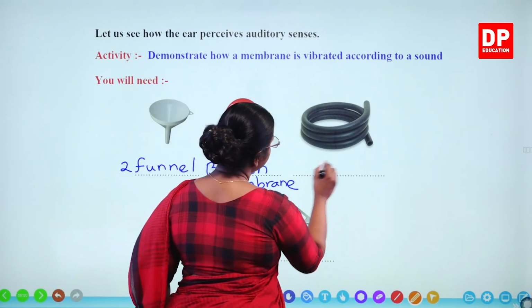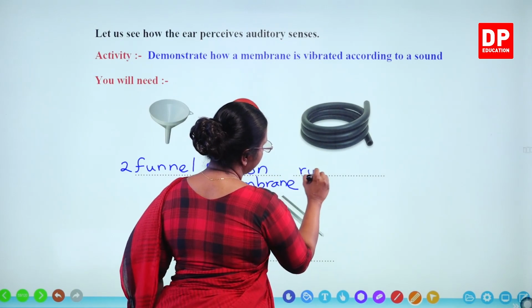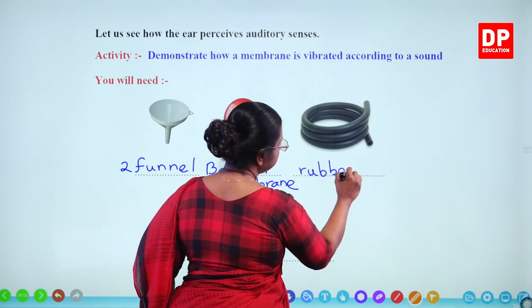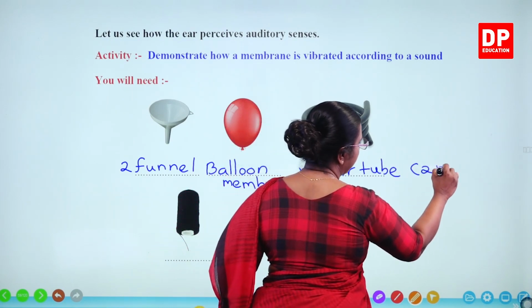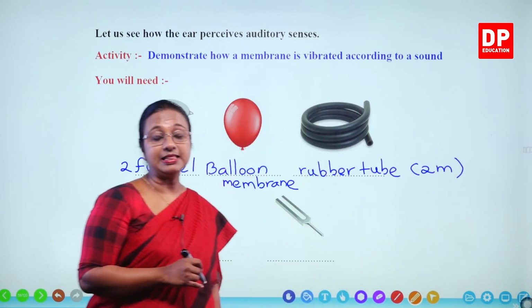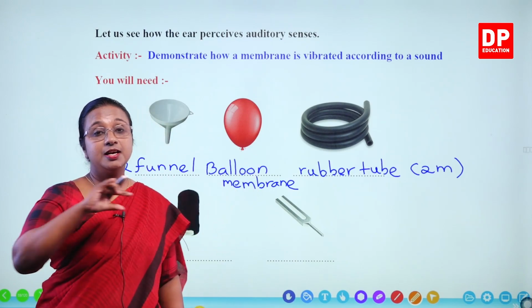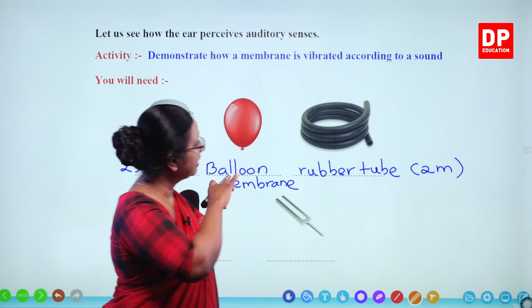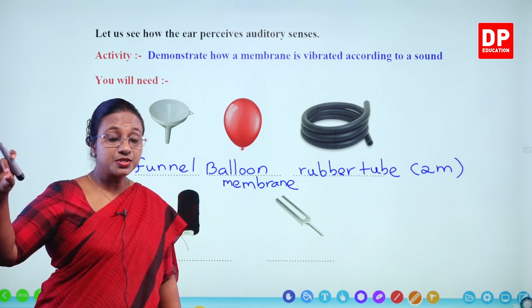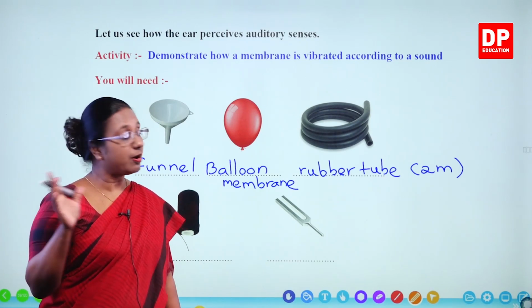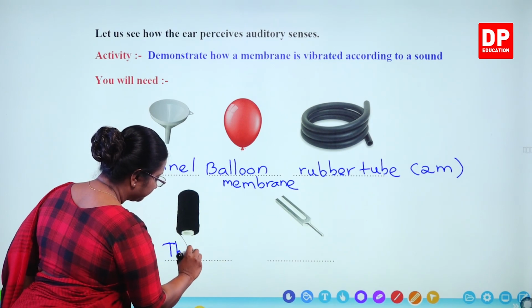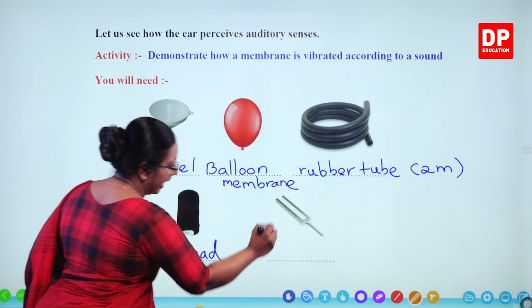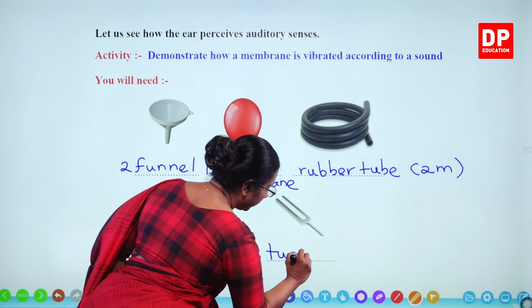Then we need a rubber tube, and the rubber tube has to be about 2 meters in length. Here what we have shown is a normal rubber tube. It can be like a small thin hose tube. Any type of rubber tube is okay. Then we need thread and we need a tuning fork.